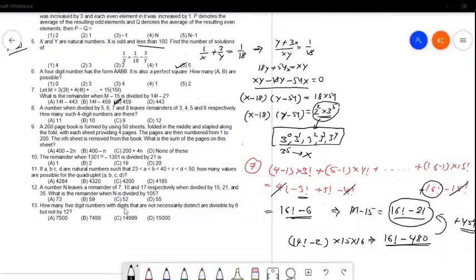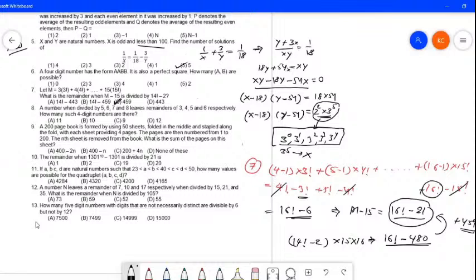Question number 13, how many 5 digit numbers with digits are not necessarily distinct. मतलब कुछ भी चलेगा, all numbers are viable. Okay, means fine. Are divisible by 6 but not divisible by 12. 6 से divisible है, 12 से देखो तो number is divisible by 6 फिर 12. So what the form will be?